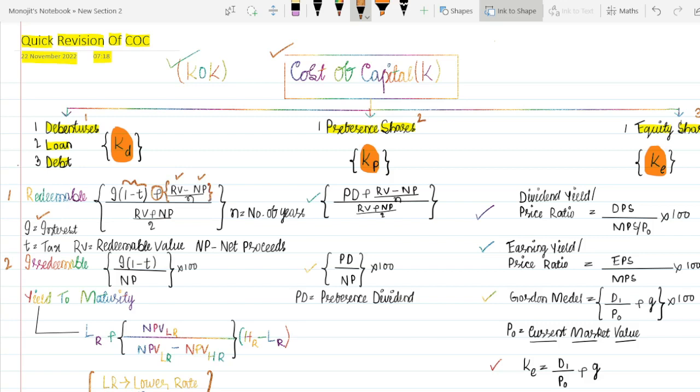And in the denominator we need to write (redemption value plus net proceeds) divided by 2. So RV represents redeemable value and NP represents net proceeds.